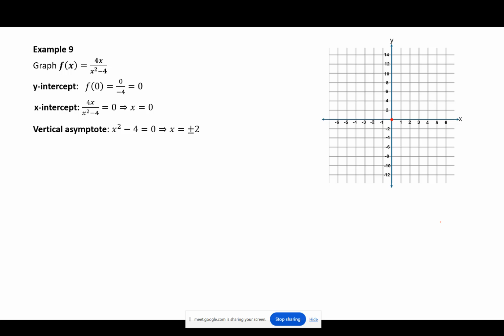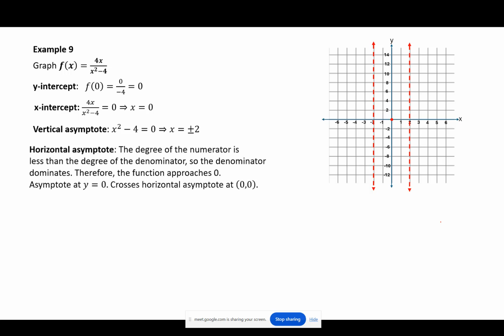The vertical asymptote is going to be where the denominator is equal to 0. The zeros of the denominator in this case, you've got x squared minus 4 equals 0, which means that x is plus or minus 2. So the two asymptotes happen right there at x equals -2 and x equals +2. Next, the horizontal asymptote: the degree of the numerator is less than the degree of the denominator, so the denominator dominates, therefore the function approaches 0.